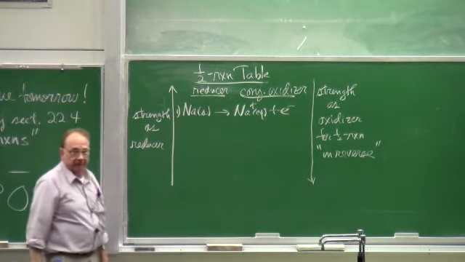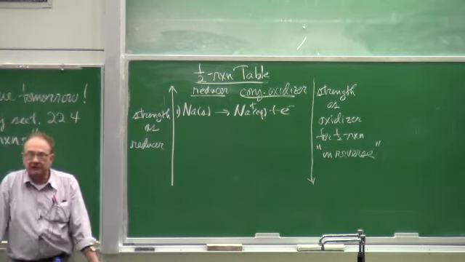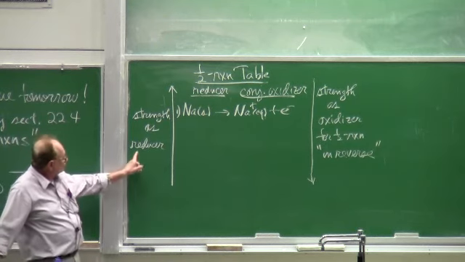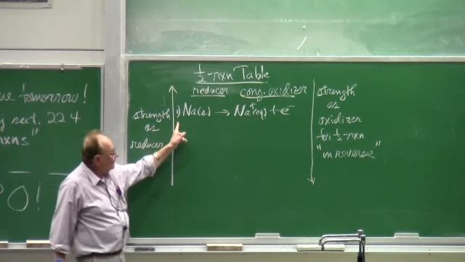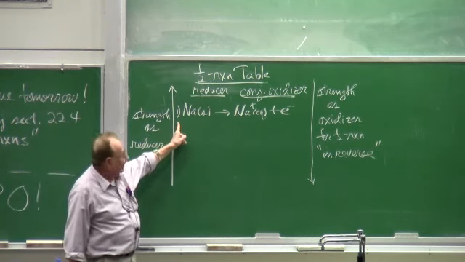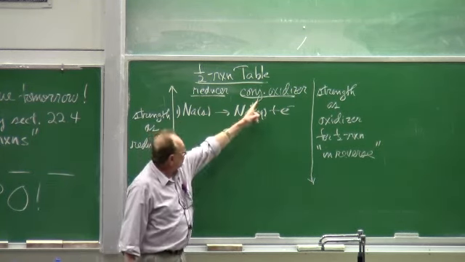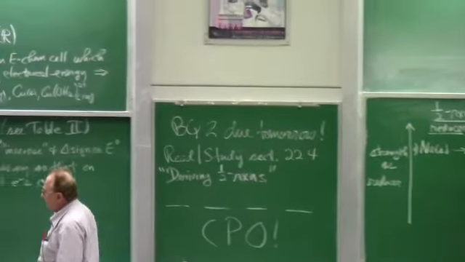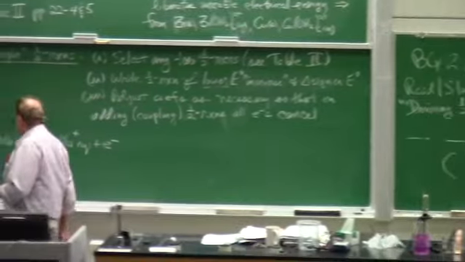Sodium converting to sodium ion is the number 1 half reaction. It will be the half reaction containing the strongest reducer, that's sodium, and the weakest oxidizer, which is Na+, the conjugate oxidizer of Na.